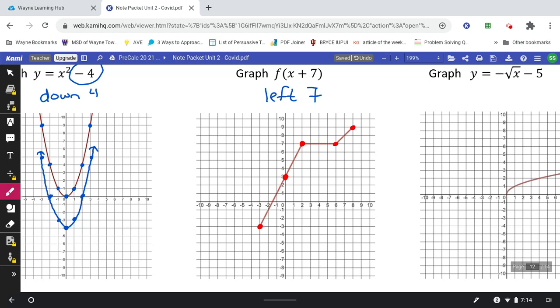And then one by one, you just move them over. You just fill in the line. So it looks exactly like the same shape that you made. The only difference should be that the graph should be scooted over left 7.